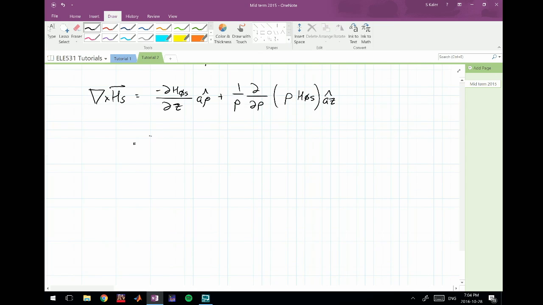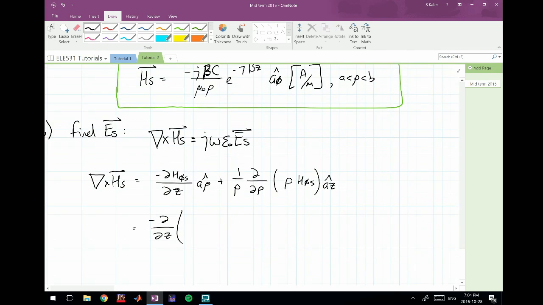So minus partial over partial z of H is minus j beta C over mu naught rho e to the minus j beta z, and this is in the a rho, and then you have 1 over rho partial over partial rho times, and this is the thing I'm talking about.